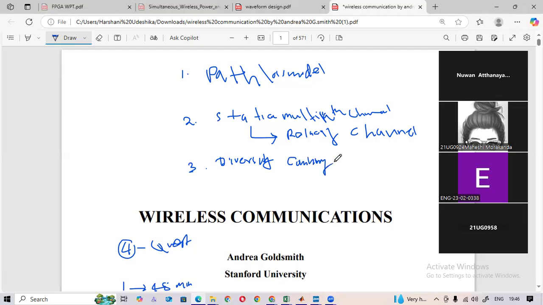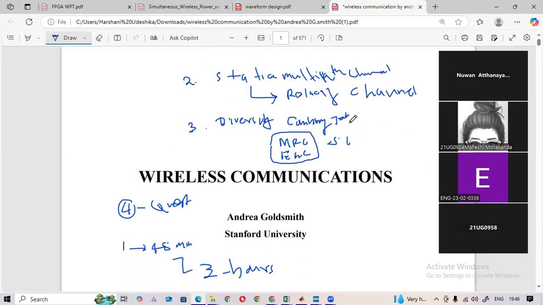You can remember MRC, equal gain combining and selection combining. These three combining techniques we have seen, and more weightage will be given to MRC and equal gain combining.